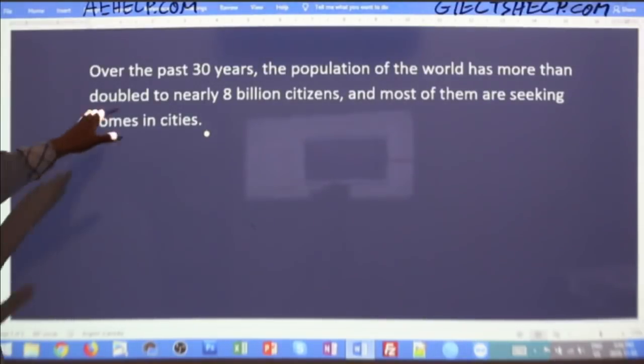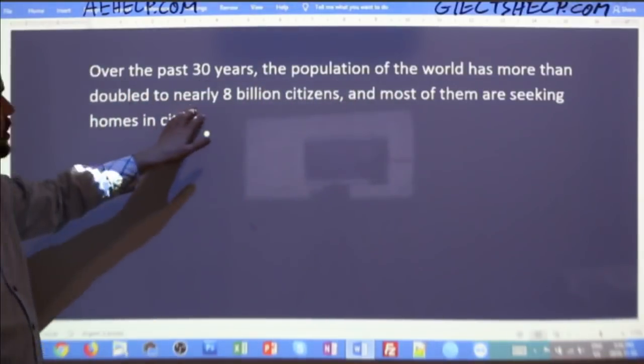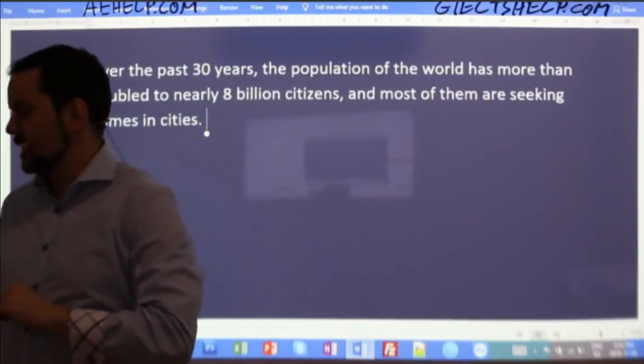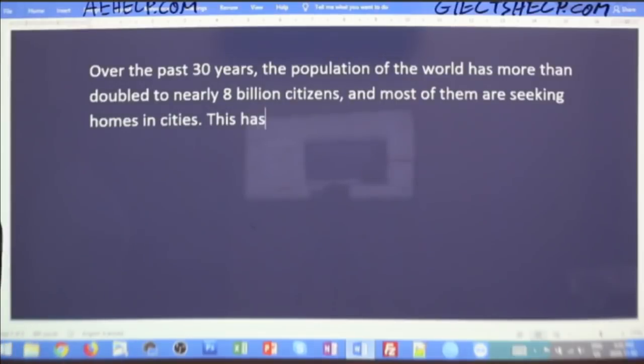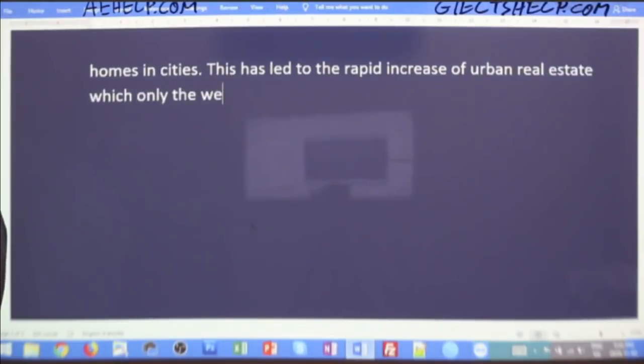Over the past 30 years, or you can say 3 decades, the population of the world has more than doubled to nearly 8 billion citizens, and most of them are seeking homes in cities. This has led to the rapid increase of urban real estate, which only the wealthy can now afford.